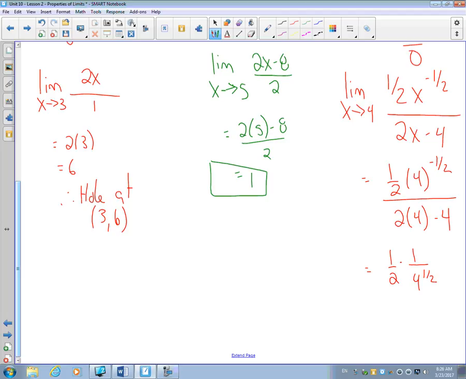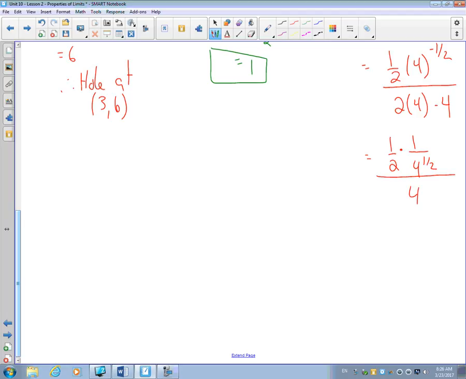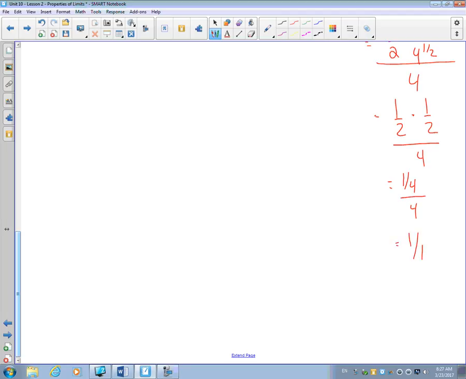We're going to multiply here on the top now. And on the bottom, we'll get 8 minus 4, which is just 4. So on the top, we get 1/2 times 1 over 4 to the half. That's a root, right? Square root of 4. 1/2 times 1/2 over 4. In other words, 1/4 over 4. 1/4 divided by 4 makes 1/16.